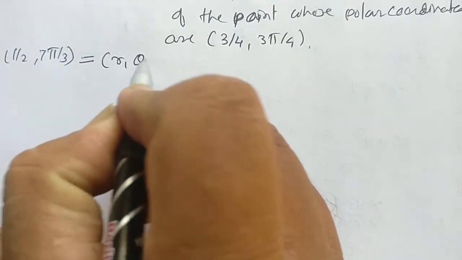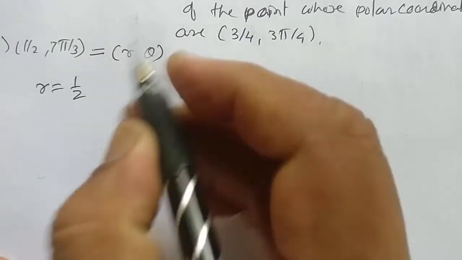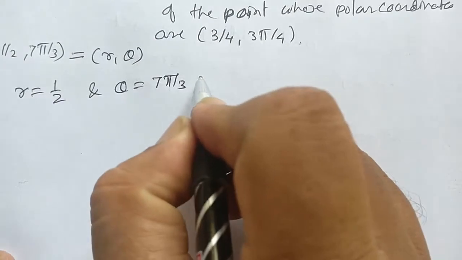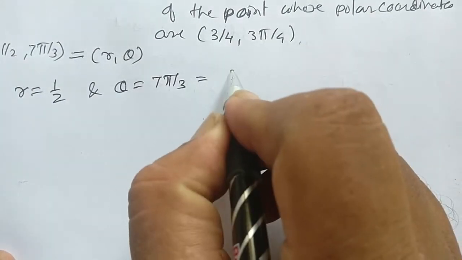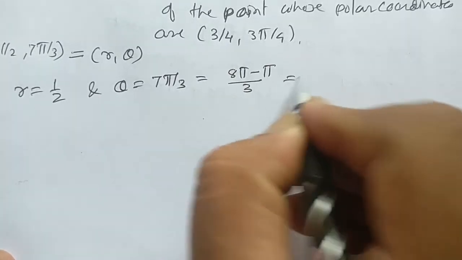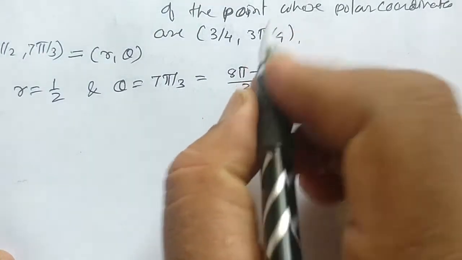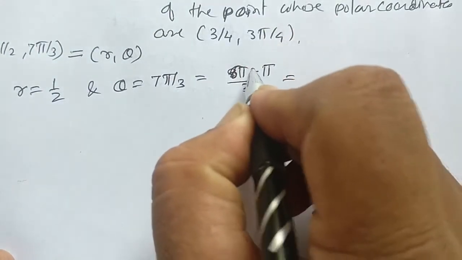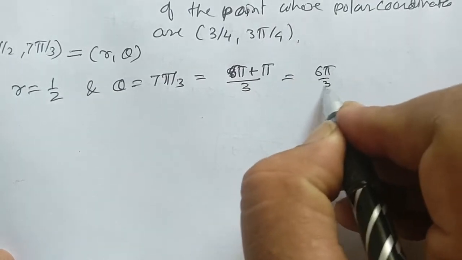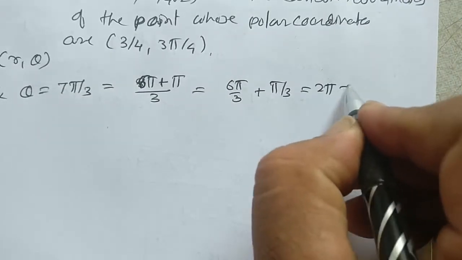Comparing with the polar coordinates r, theta, r is equal to 1 upon 2 and theta is equal to 7 pi by 3. 7 pi by 3 is equal to 6 pi plus pi divided by 3. It is 6 pi upon 3 plus pi by 3, so it is 2 pi plus pi by 3.